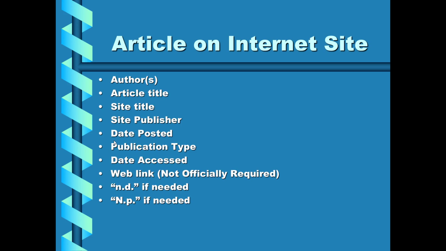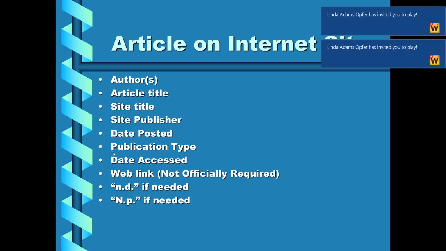Some of it is on an if needed basis, but everything up through the date accessed is required. So you need the name of the author or authors, article title, title of the website, site publisher if it's available, not always available, the date that the article was posted on the website if available, hopefully it would be, but not always, the publication type.